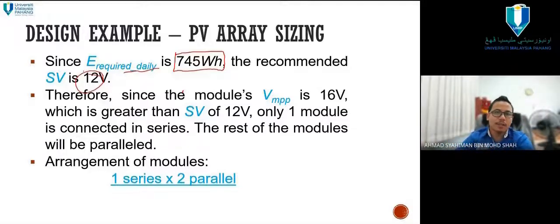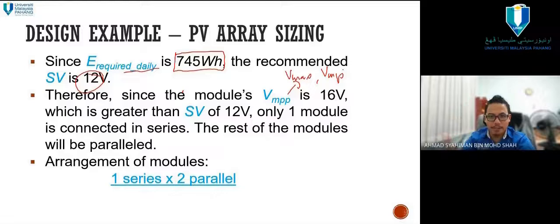But another thing. Since the module's VMPP, or VMP, is 16 volt, which is greater than the system voltage of 12 volts, only one module is connected in series.